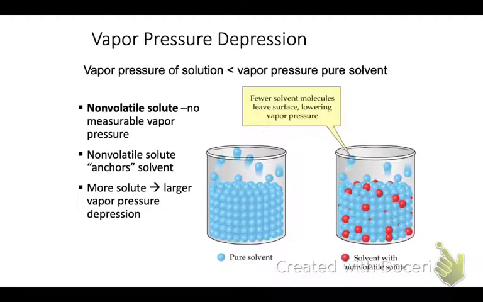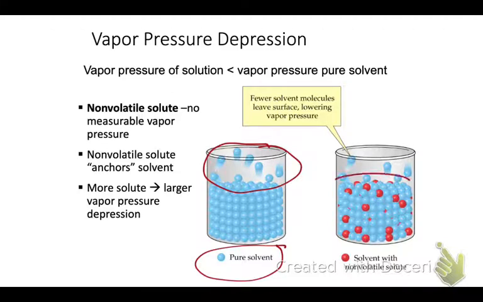The best way to understand this is to look at the following picture. When you have a pure solvent, you have a lot of water molecules on the surface that can escape and cause vapor pressure. However, when you have a non-volatile solute dissolved in it, there are fewer blue molecules on the surface than in pure water.